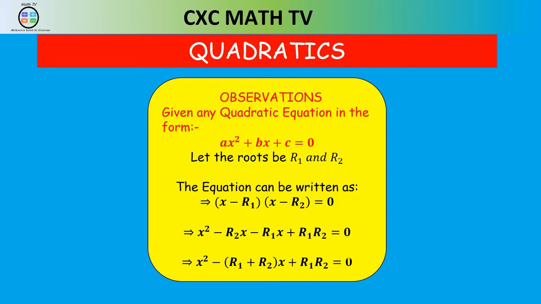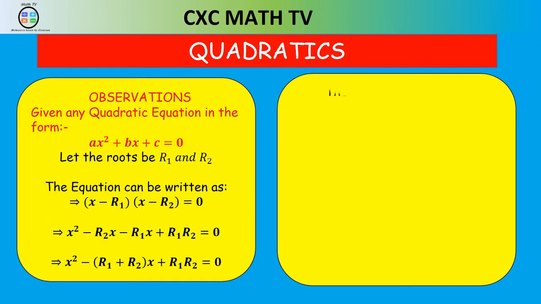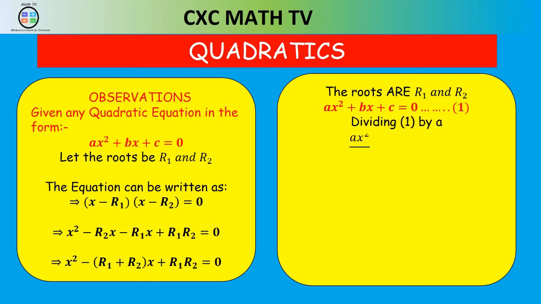Now look at the first equation, the standard form ax squared plus bx plus c equals 0. If we divide that equation by a, it simplifies to x squared plus b over a times x plus c over a equals 0.